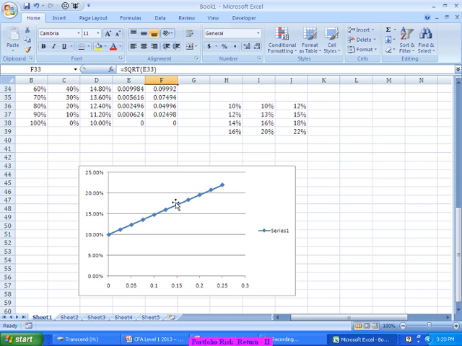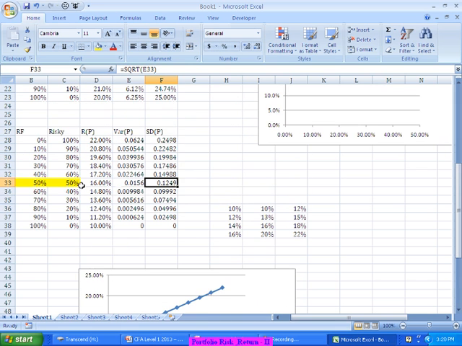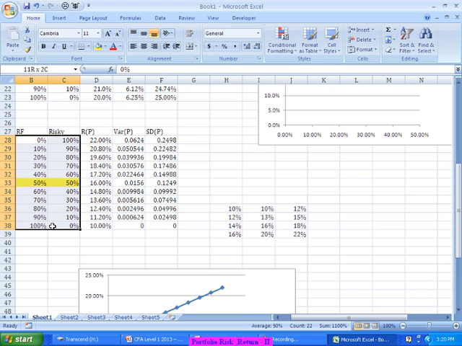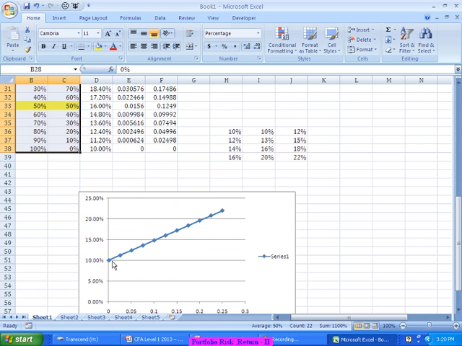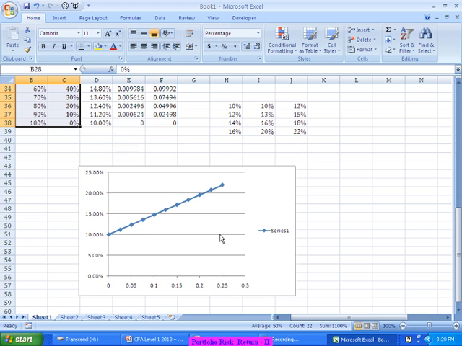See, what we are saying, first we started off with 50-50. I took 50-50 of the risky and the different combinations of risk-free and risky. This is the line we got. Which means for this much of risk, I will get this much of a return.